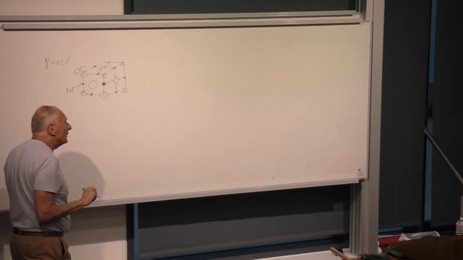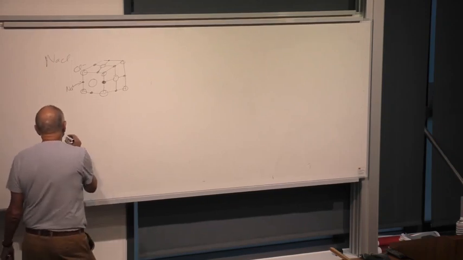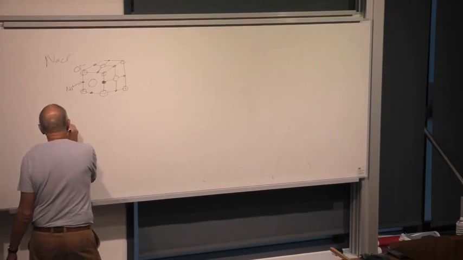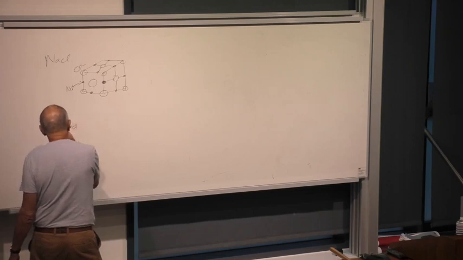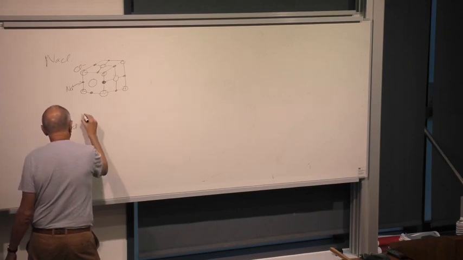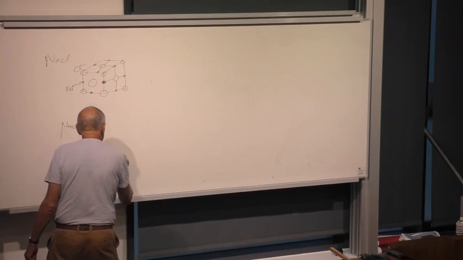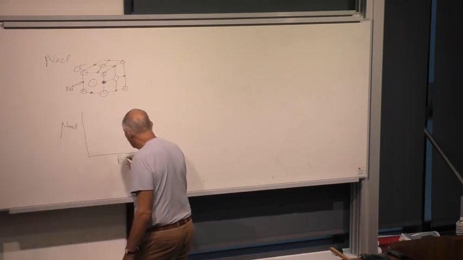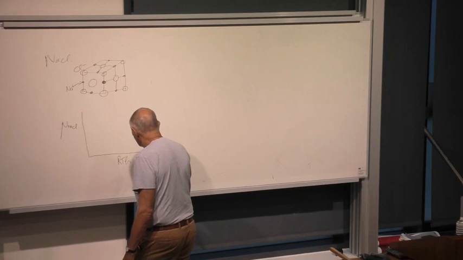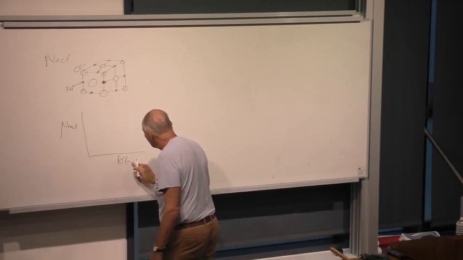And let's suppose we could measure the chemical potential of NaCl. Which way am I going to do this? Yes. Plot the chemical potential of NaCl against RT ln concentration of NaCl.